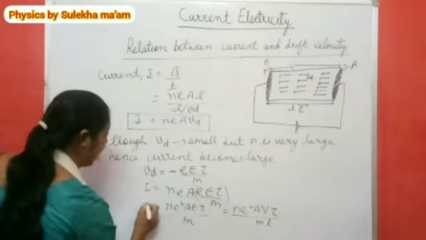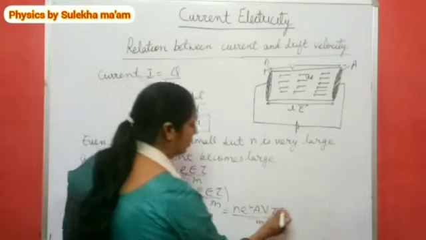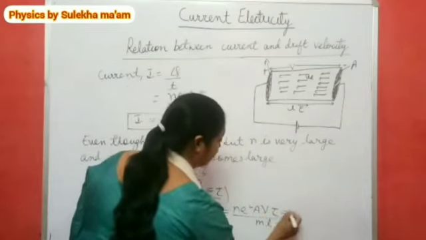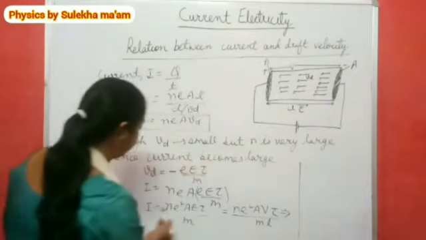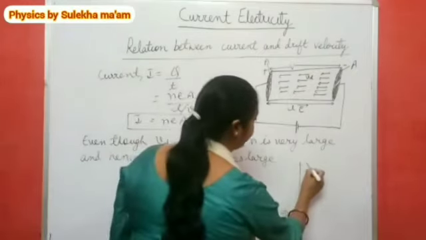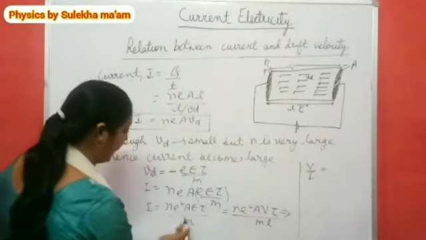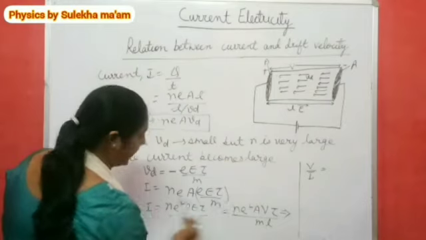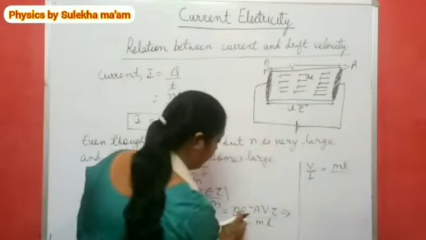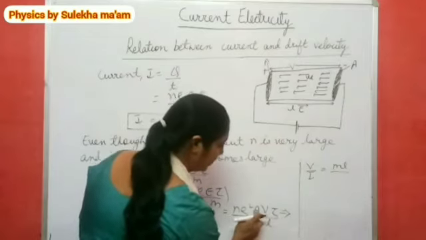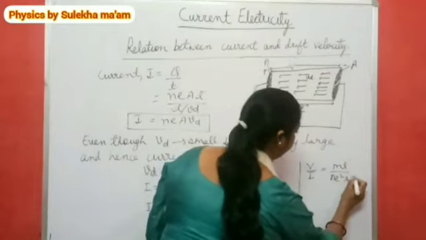This is I. And from this expression, you can derive Ohm's law. If you take from this equation, you just write V by I. What is V by I? If you take I down, then V by I becomes ML by NE square A tau.